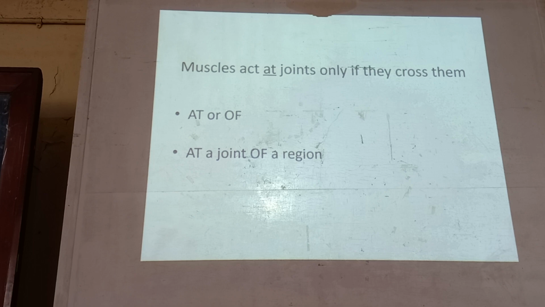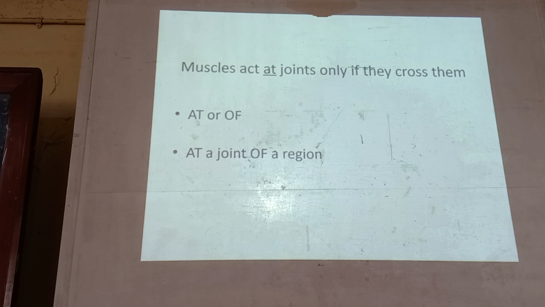So you say movement of forearm at elbow joint. Of is referred to a region and at is referred to the joints. If I say, keep your forearm on the table, now flex the elbow. Is the wrist moving? Of course it's moving. It was on the table in the beginning, then it moved up.